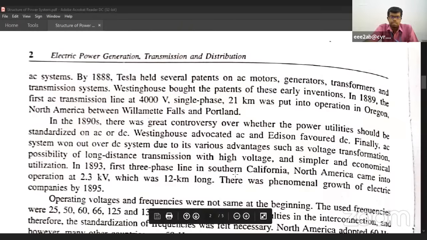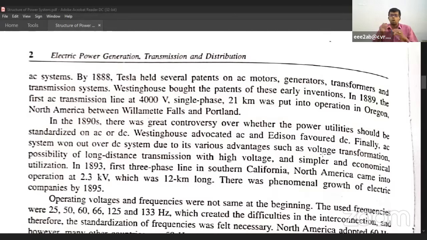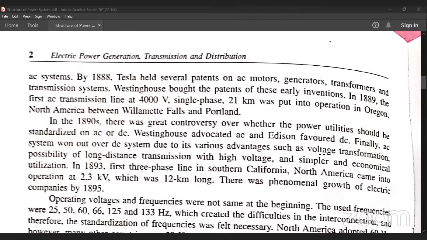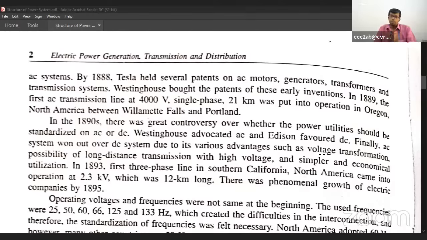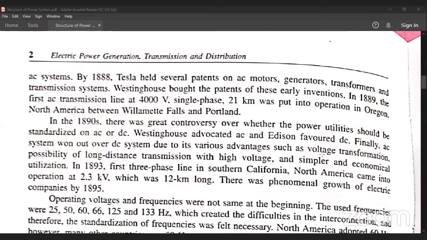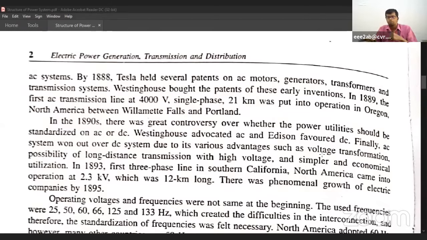Voltage transformation is easy because a transformer is there. You can easily transform one voltage into another without changing the frequency. Even 25 kilovolts can be stepped up to 1000 or 1200 kilovolts with the help of a transformer.